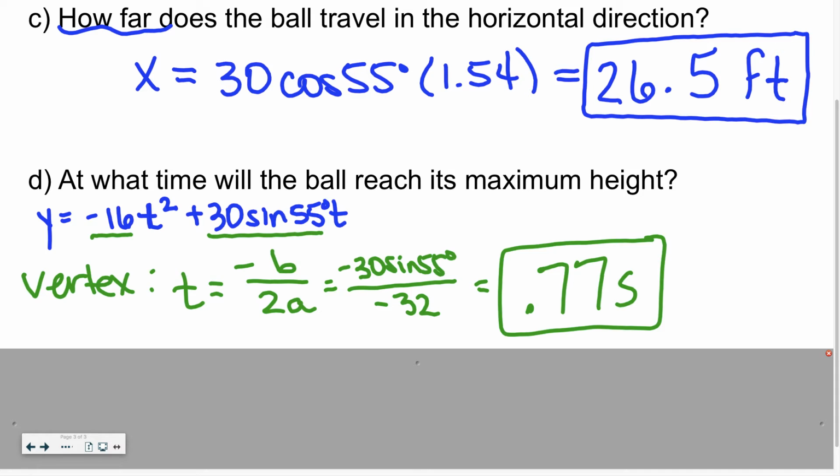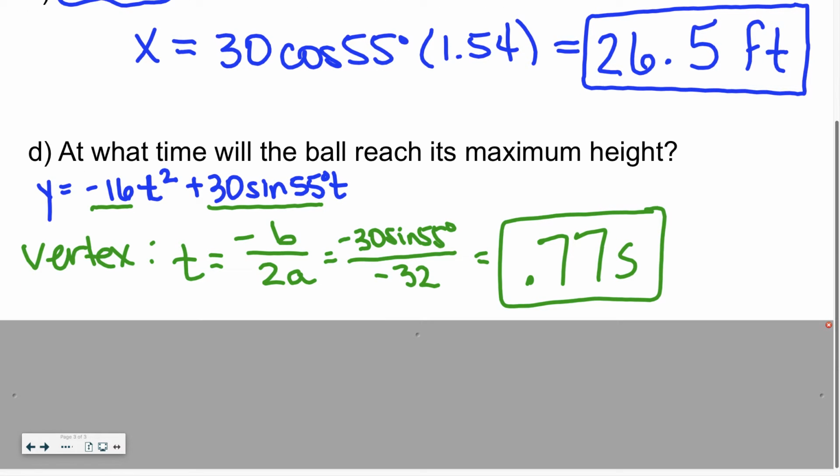When the projectile starts and ends at the same place, yes, the vertex would be halfway through. What you have to be careful of is if somebody hits a ball 3 feet in the air and then it lands on the ground, then your vertex is no longer in the middle, which is why I'm telling you this negative b over 2a. Because in the event that it starts above the ground, you would not be symmetric anymore.